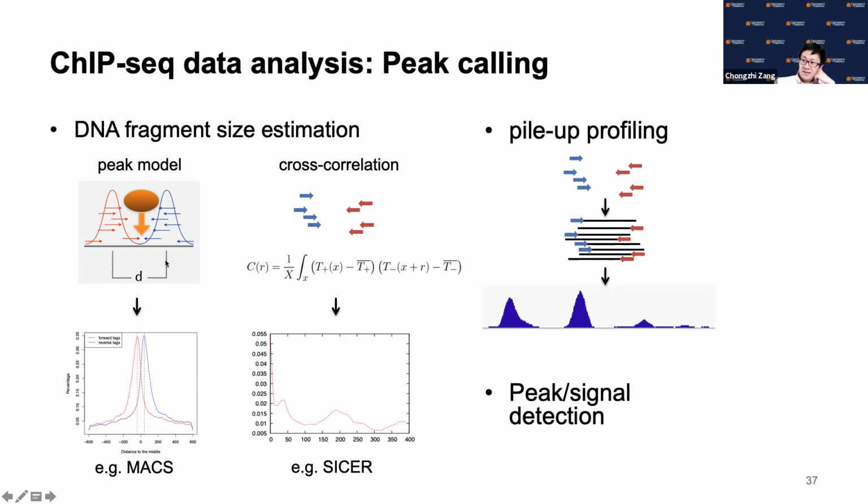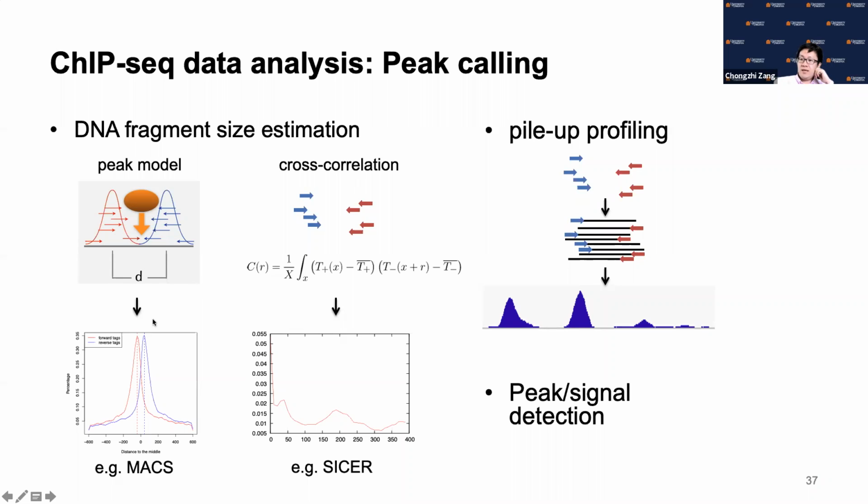And the distance between the summits of these two peaks can be estimated as the average fragment size of the entire DNA fragments. This is the most possible position of the 5' start of the DNA fragments, whereas this is the most possible position of the 3' end of that DNA fragment. So this distance is the most possible DNA fragment size.